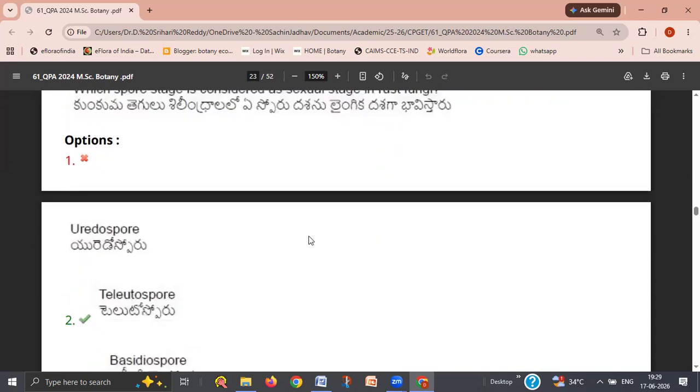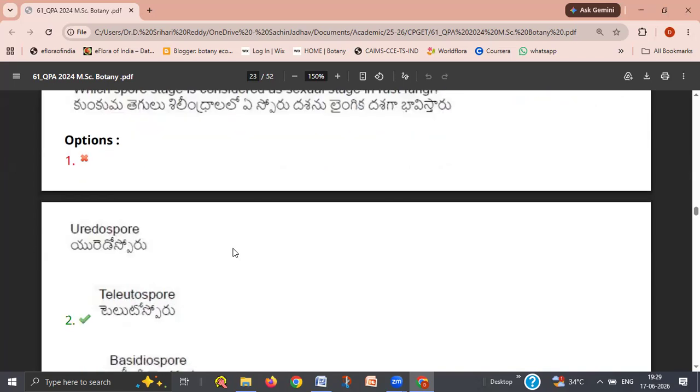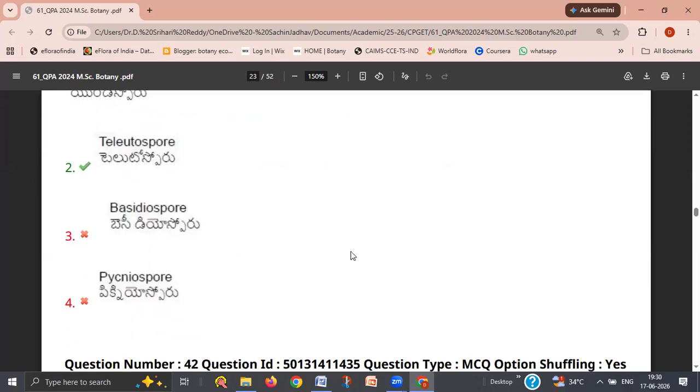Next, part B. Which spore stage is considered the sexual stage in rust fungi? So what is the rust fungi? Puccinia graminis. It causes rust disease, particularly in wheat. It has several types of spores. What options do they give? Uredospore, teleutospore, basidiospore, pycnospore.